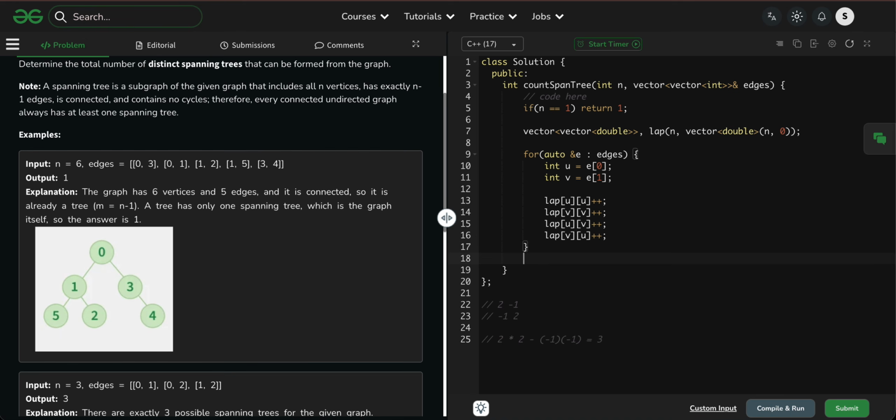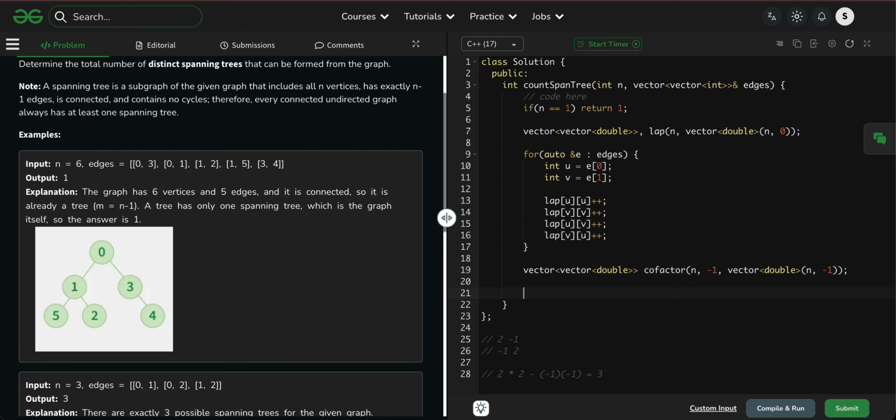Now come and check vector of vector of double cofactor of n minus 1 and vector of double of n minus 1, right.